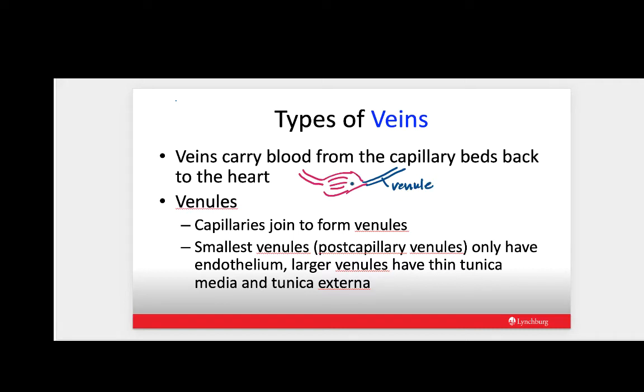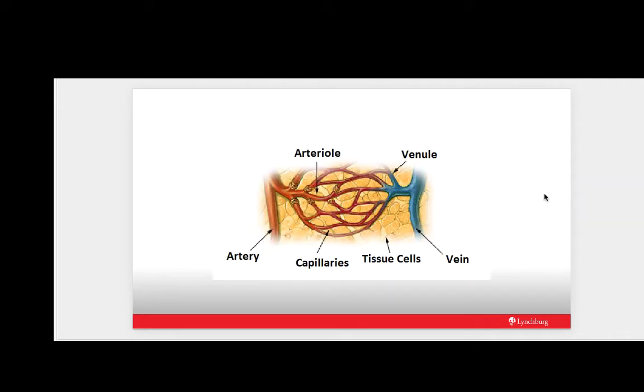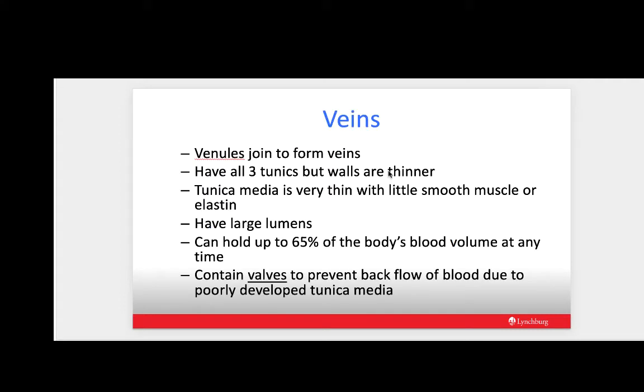And so the capillaries are going to join on the venous side of things to form a venule, and the venules are going to join to form veins, and then larger veins, and then back to the heart. Okay, and so this is what that looks like too. Here would be your venule draining the venous end of the capillary bed.